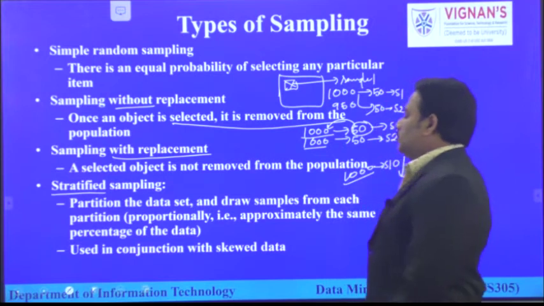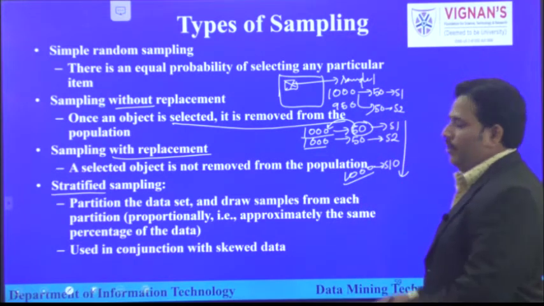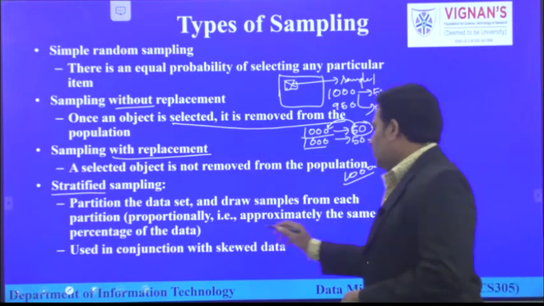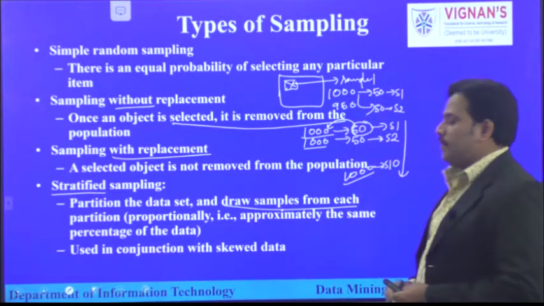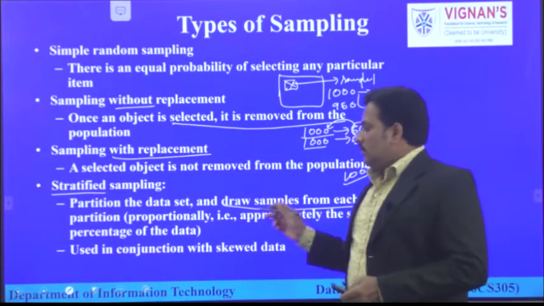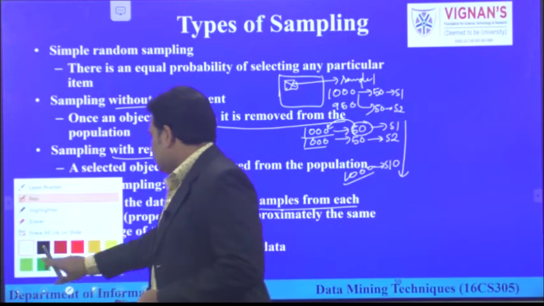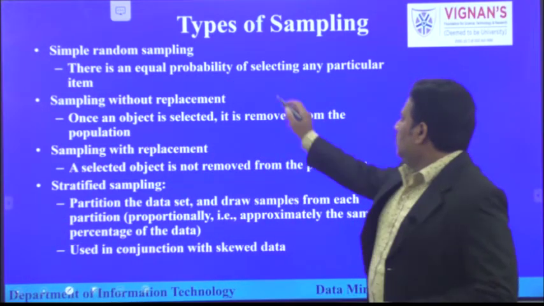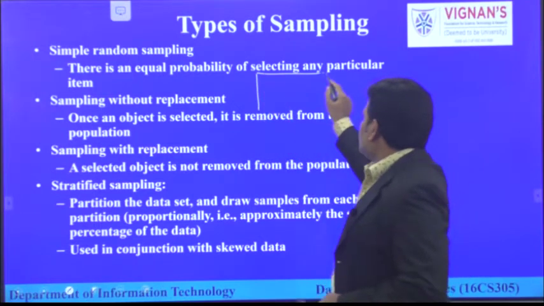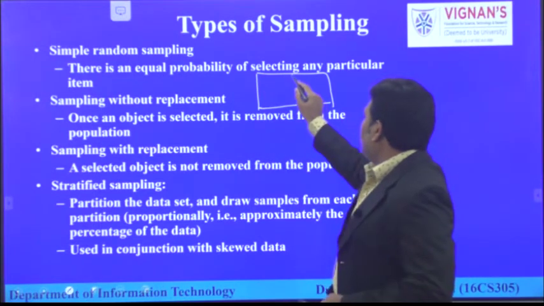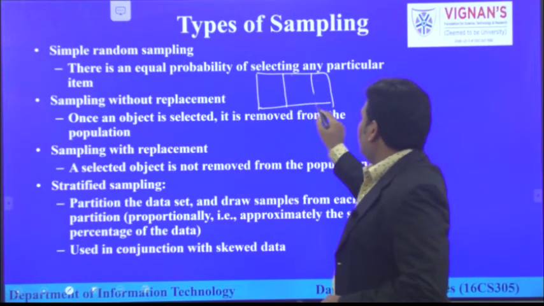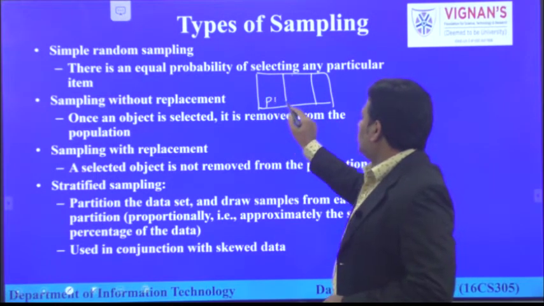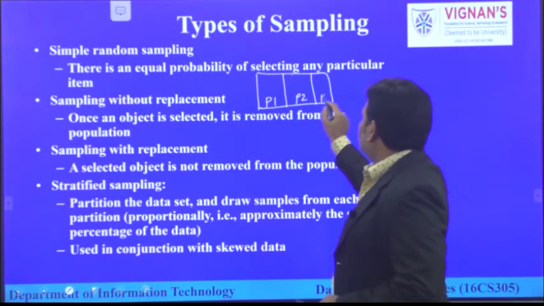In stratified sampling, we are going to partition the data set and draw samples from each partition. Let's see this with a small example. Let us assume this is our original data set. We partition the data set into 3 smaller parts: partition 1, partition 2 and partition 3.